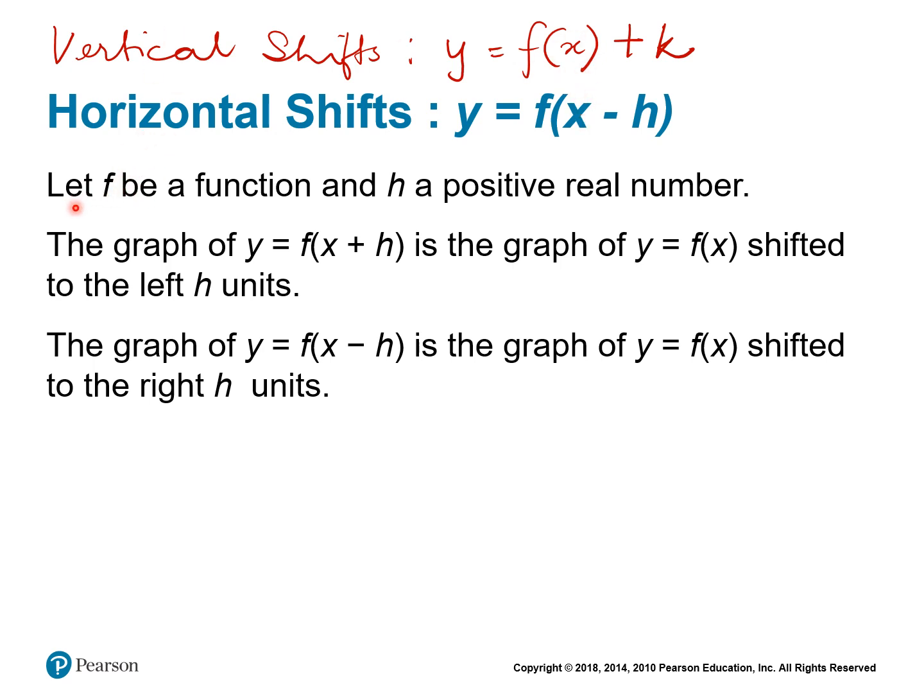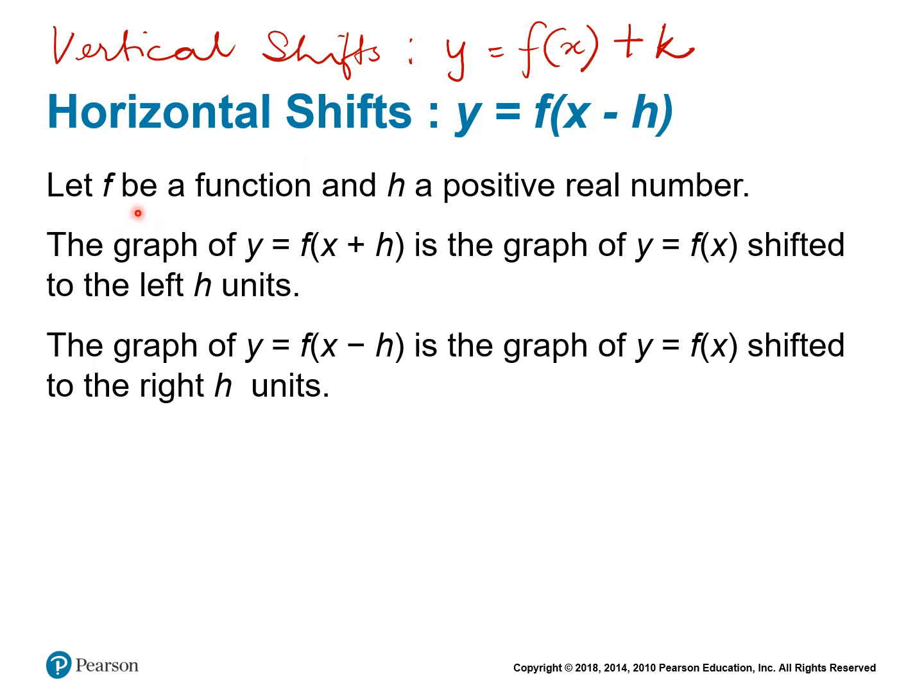So what this says is let f be a function and h a positive real number. So h is the variable used to indicate the horizontal shift. What does horizontal shift mean? It means that the graph will be sliding either to the left or to the right depending on the value of h.